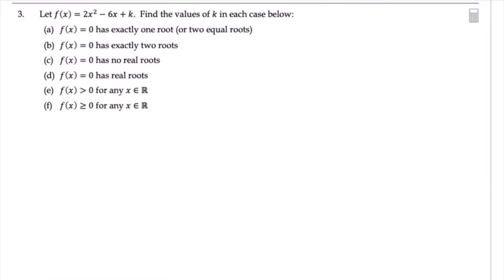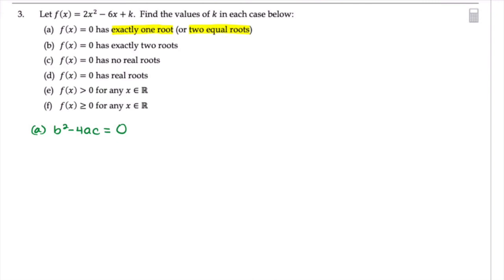So we have the first case. f of x is equal to 0 has exactly 1 root. If I have exactly 1 root or 2 equal roots, what does that mean? That means that the discriminant is equal to 0. So we're going to identify the value of a, b, and c for our specific function.